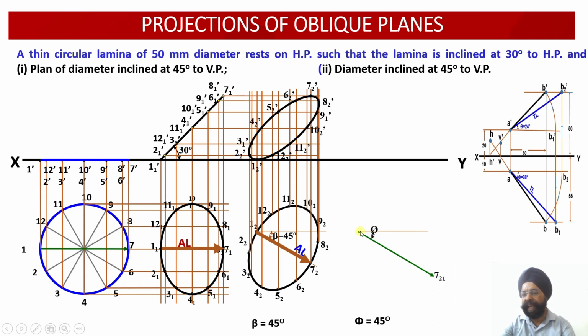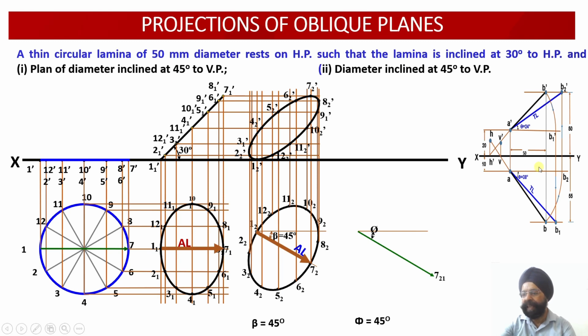But I cannot transfer this figure over here because here I have got only the plan of the lamina. So ultimately I have to work out the angle of inclination of the plan of the diameter with respect to my vertical plane. That is, I want to evaluate the angle beta over here.